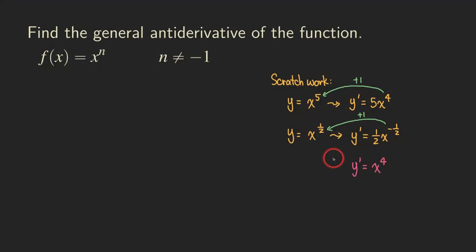Now this problem looks more like the problem we are looking at, because the coefficient of the function is just a 1. If I have a coefficient of 1 here, then my antiderivative is not going to be x to the fifth, because when we differentiate x to the fifth, we are supposed to get a 5 in the front, but we don't have a 5 right here, so that doesn't work. So how do we go backward?